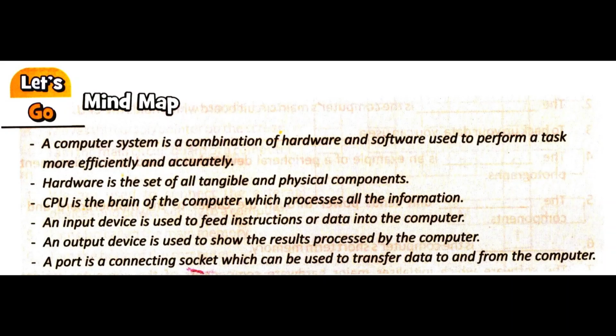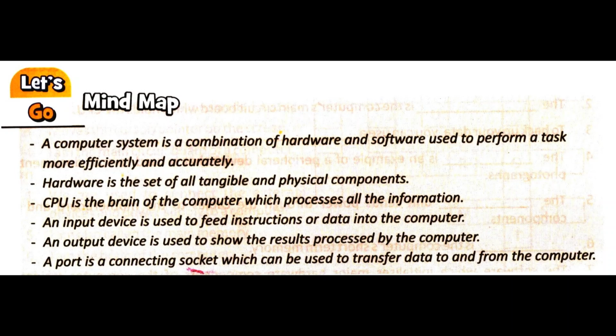Now let us discuss the mind map. A computer system is a combination of hardware and software used to perform a task more efficiently and accurately. We know that to operate a computer efficiently and accurately, we need both hardware and software.